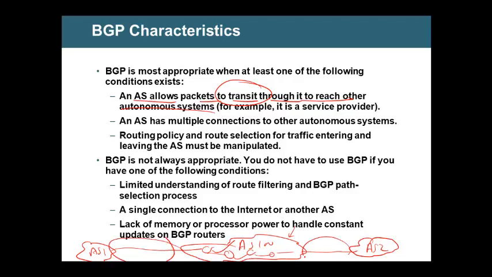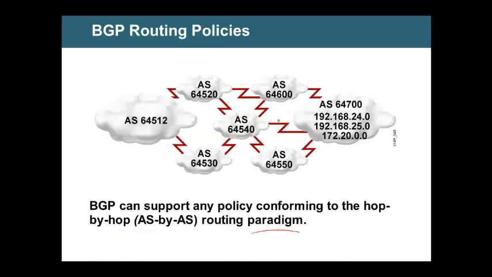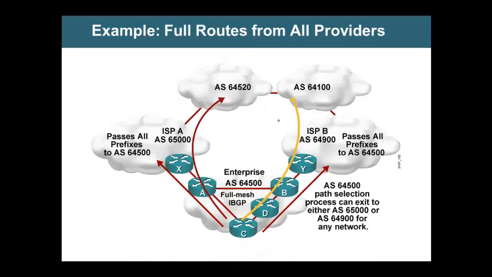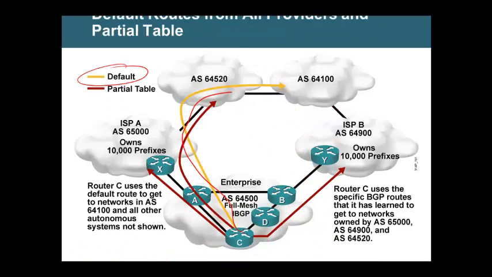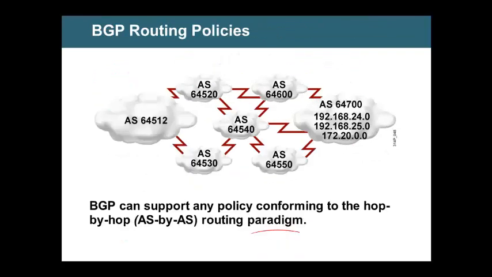You understood, sir? Second, whenever you have multiple connections like this, you have policies, isn't it? Sir, if you don't have multiple connections, will there be a policy? See, if I have only one bike in my family, in my house, I will not have any policy. Whether I am going to church or going to the market, I'll use that only bike.